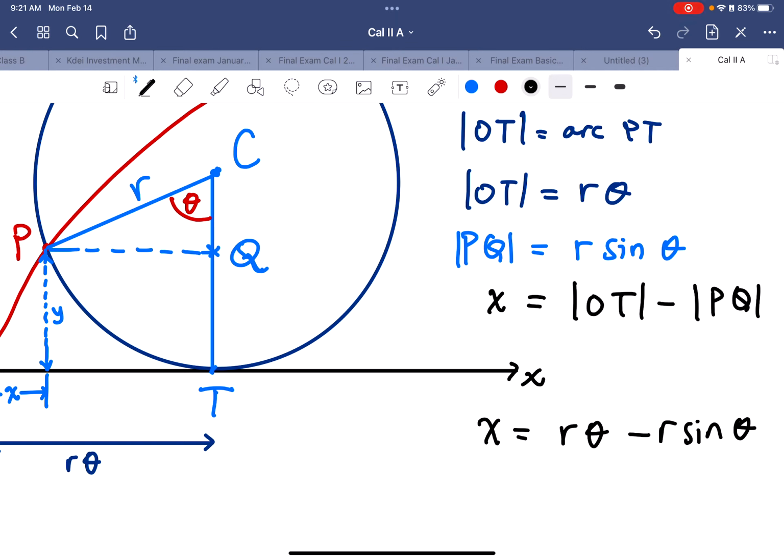For y, the distance y for the point P means this CT minus the CQ, or QC. And because we have a circle, although I'm drawing it a little bit like an ellipse, it should be a circle. So this is also the radius, the same distance because it's a circle. So the radius minus r cosine theta for y.